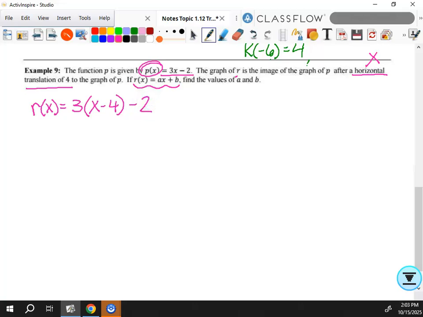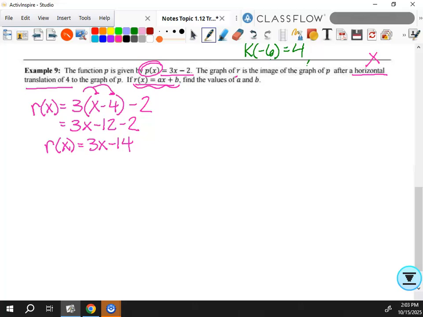Now, this is a perfectly fine equation. I mean, it's going to graph the same thing, but I need it in this form so that I can get A and B. So I just distribute. It's no big deal. This gives me 3x minus 12 minus 2. So R of X is equal to 3x minus 14.